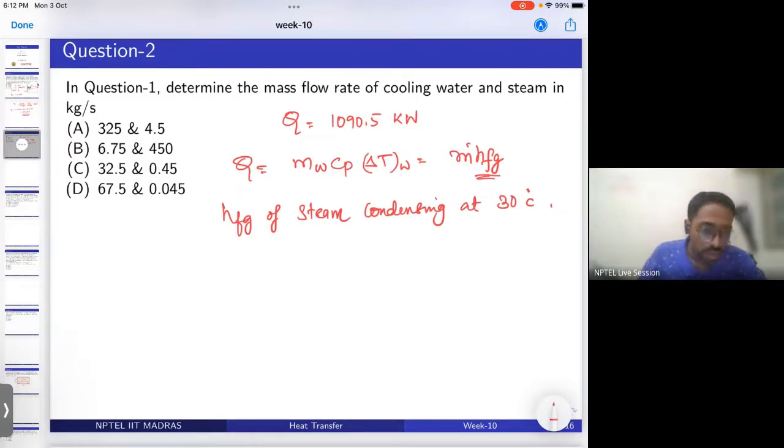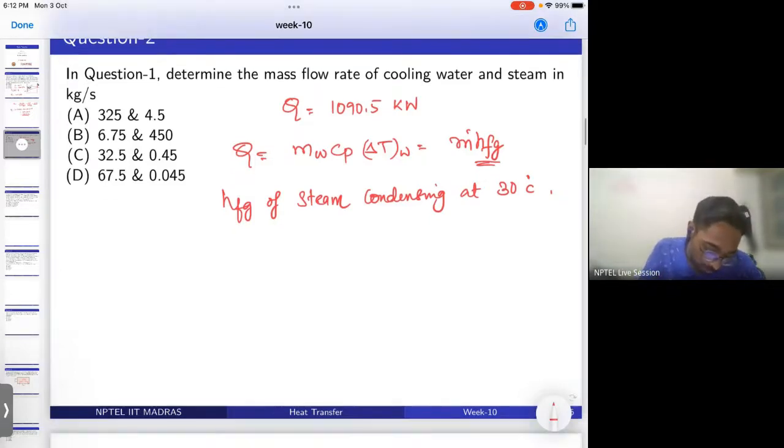So if we can get the hfg, we will get hf, that is of water, that is 125.745 kilojoule per kilogram, and hg also, that is enthalpy of steam.